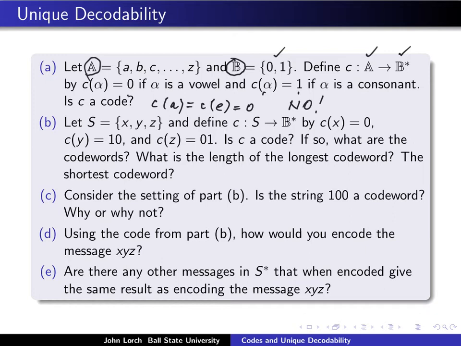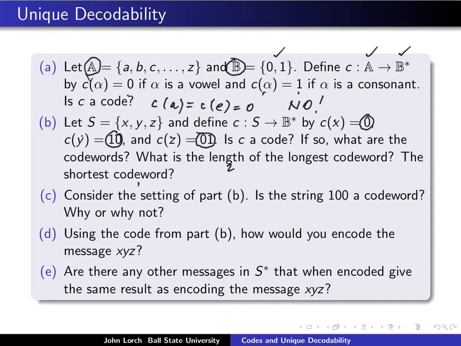Now, the code words from the previous slide, those are the images of the alphabet elements X, Y, and Z. So the code words are just 0, 1, 0, and 0, 1. So what's the length of the longest code word? Well, we have one code word of length 1, and we have two code words of length 2. So apparently 2 is the length of the longest code word, and the shortest code word has length 1.